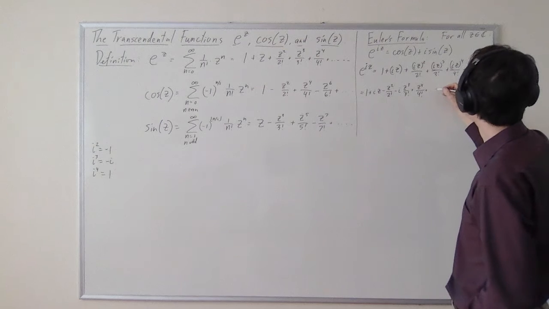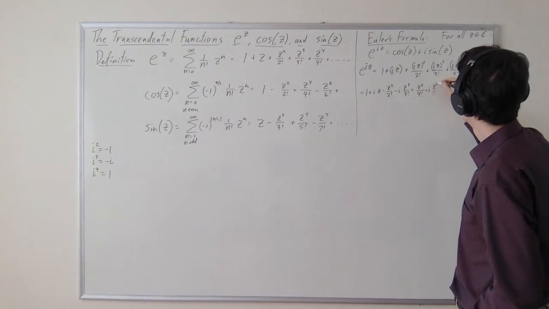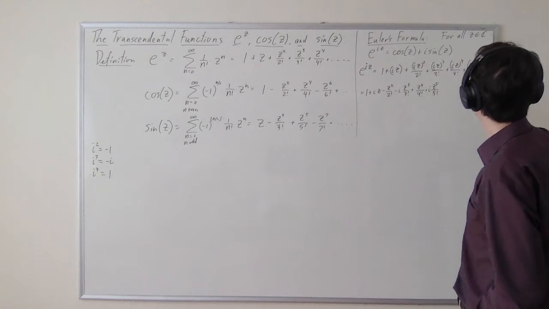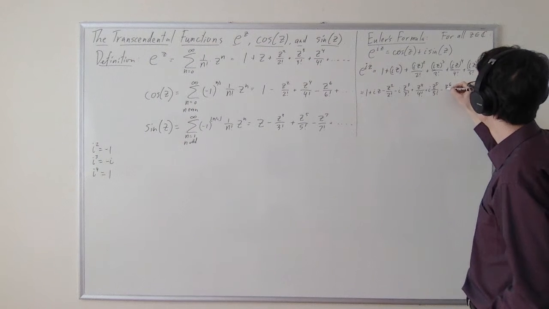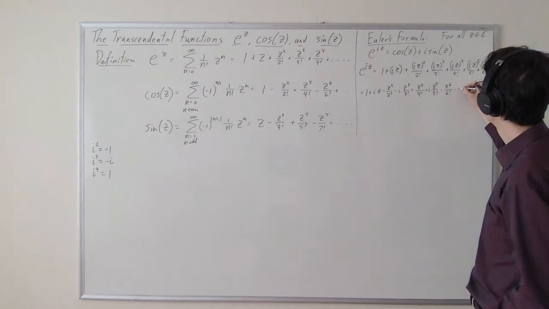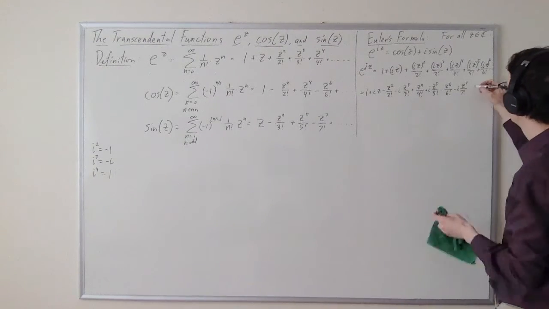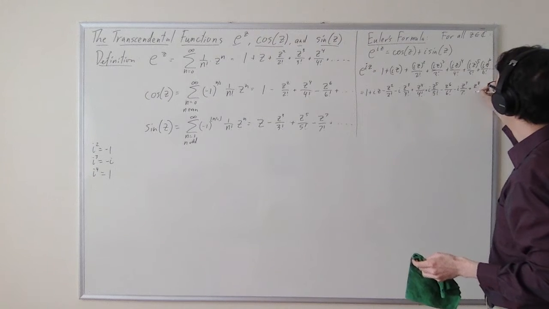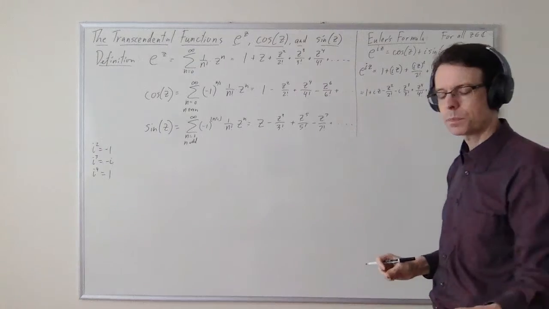And then this becomes, again, plus i z to the 5th over 5 factorial. And then this i to the 6th becomes a simple minus sign, so that's minus z to the 6th over 6 factorial. And then I get i to the 7th, so that's minus i z to the 7th over 7 factorial, etc. And the next term is somewhat interesting. The next term is i to the 8th, which just gives us 1, and I'm back to just writing z to the 8th over 8 factorial, and etc.